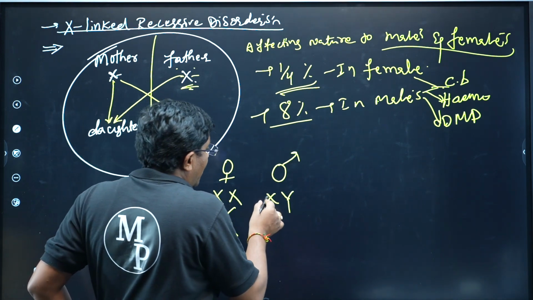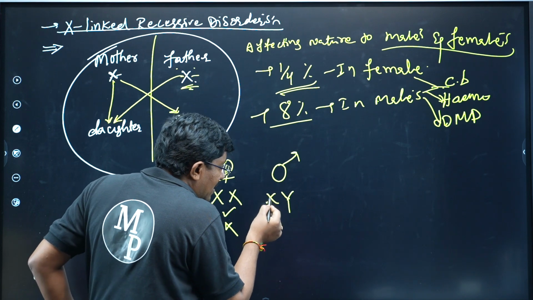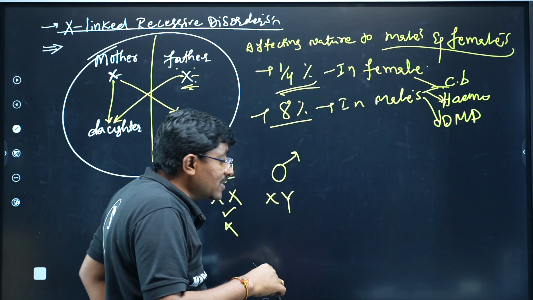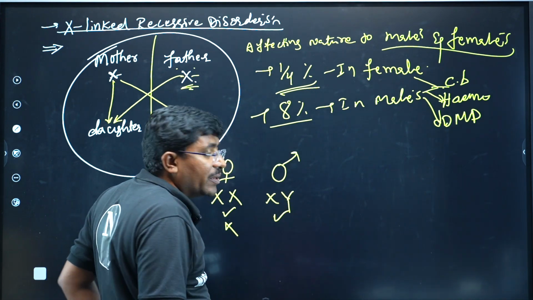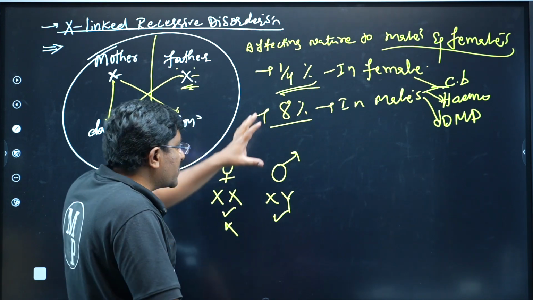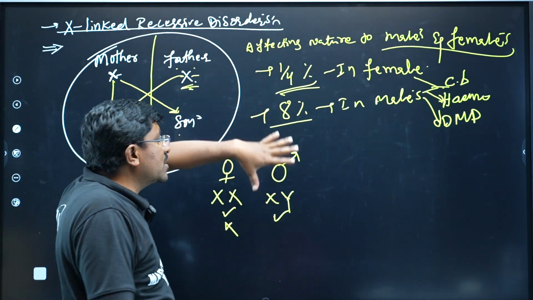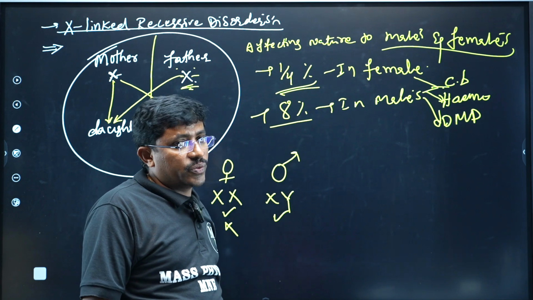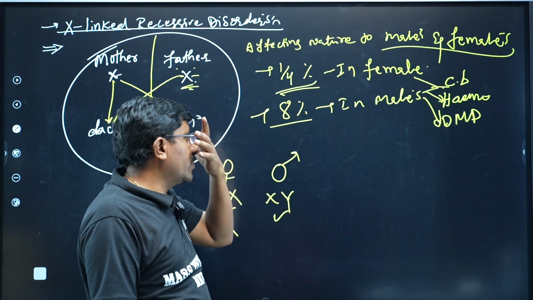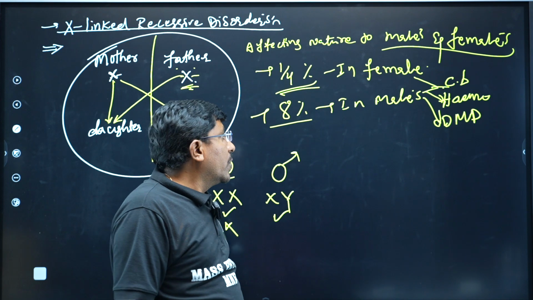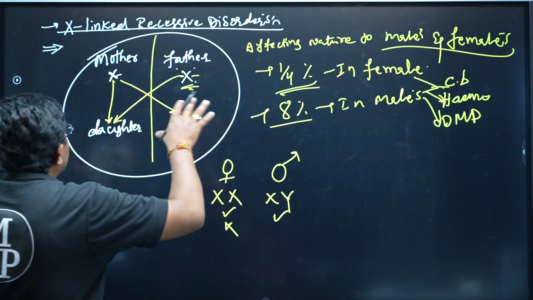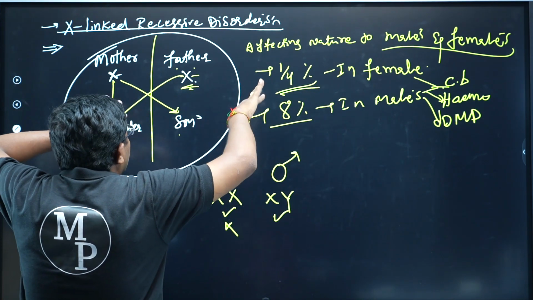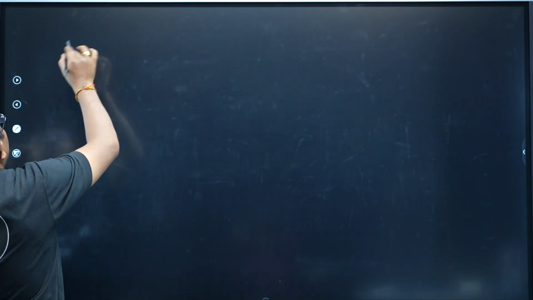But even with the presence of the affected trait on the single X chromosome, males will be affected. I'll explain with the help of some problems. Very important points these are. This is the brief information regarding this. Next we'll discuss disease wise.